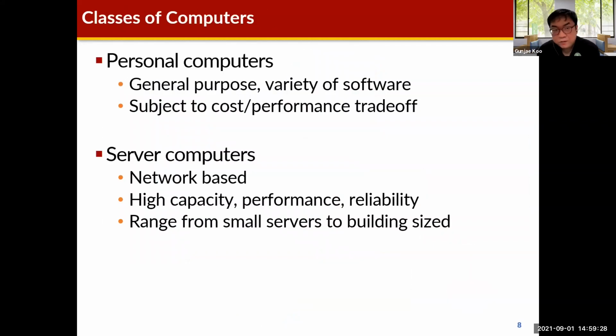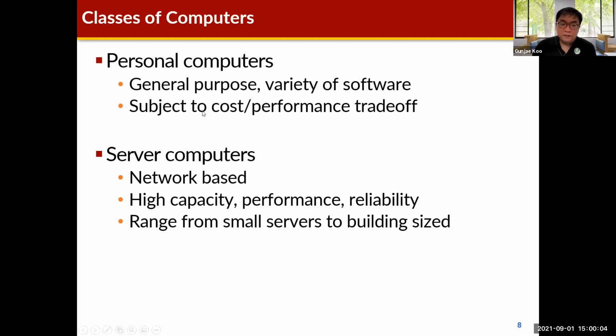So based on the purpose of the computer systems, these different types of computer systems focus on different design goals. For personal computers like laptops or desktops, it's general purpose. That means they can run various types of software or applications.